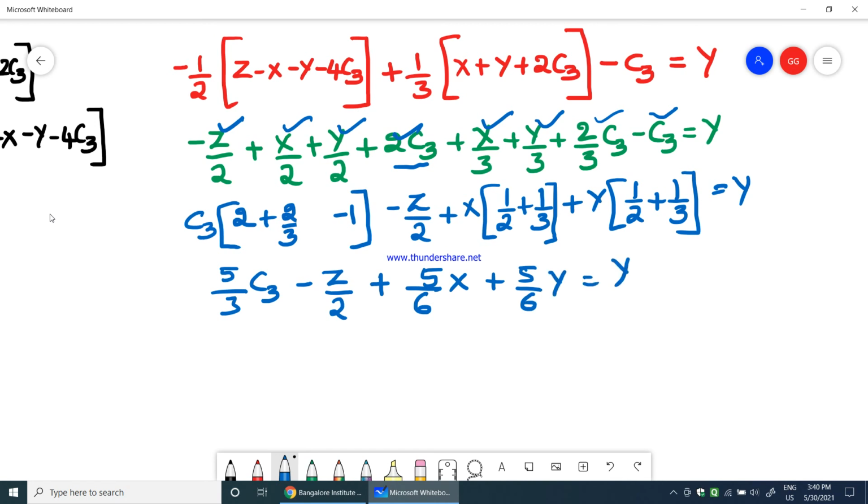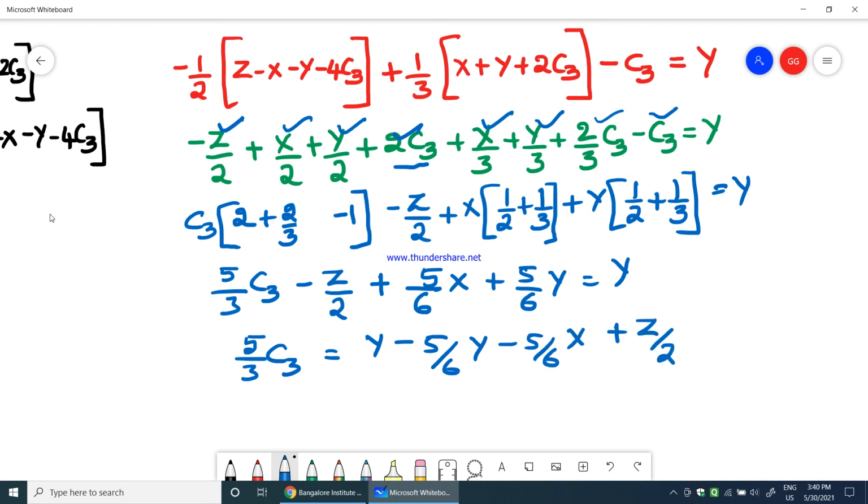Therefore, 5 by 3 times C3 equals y minus 5 by 6y minus 5 by 6x plus z by 2. So y minus 5 by 6y is 1 by 6y. So y by 6 minus 5x by 6 plus z by 2.